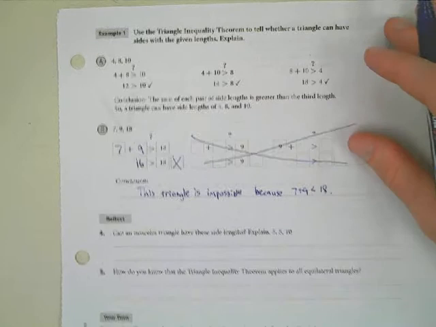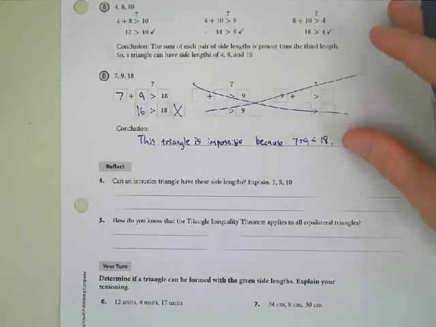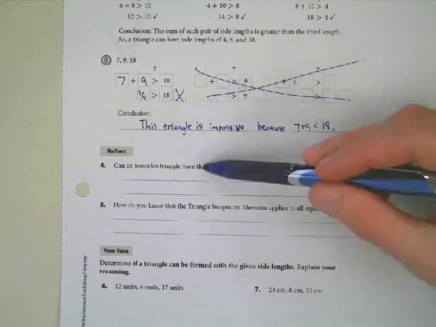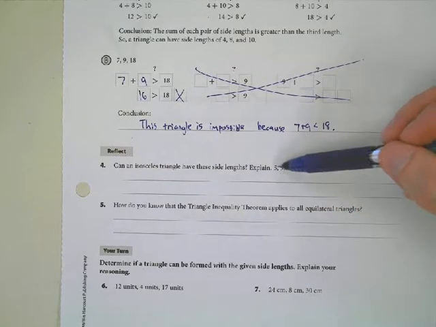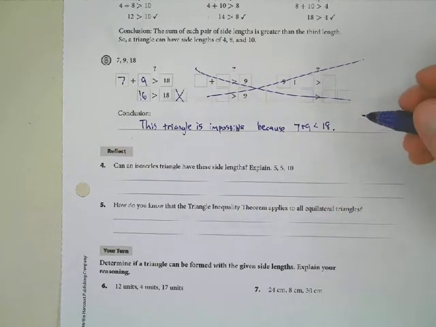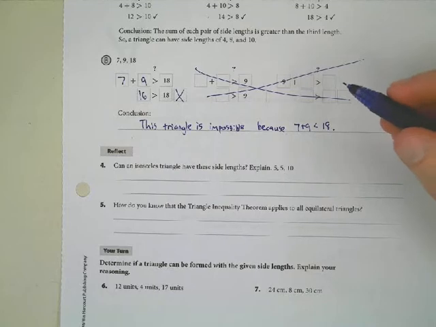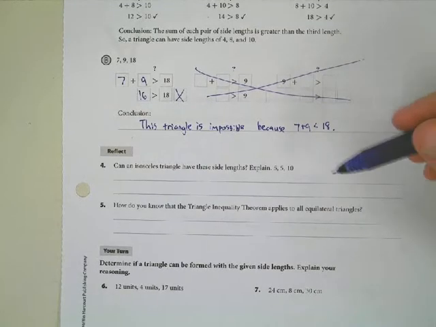All right, so we look at question number 4 then. Can an isosceles triangle have these side lengths? 5, 5, and 10. Evan, what do you say? Yes, because they're... No, never mind. I think it's wrong. So what makes it incorrect?